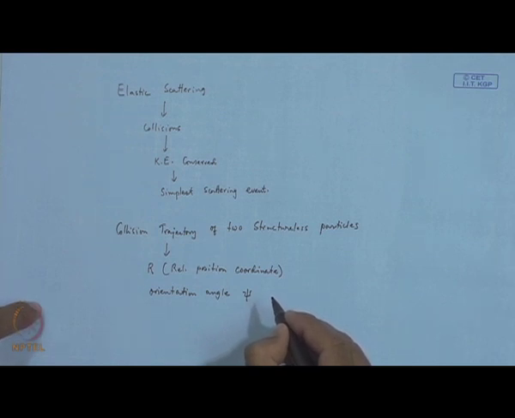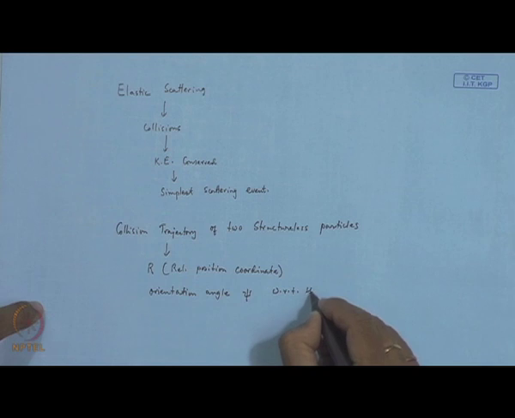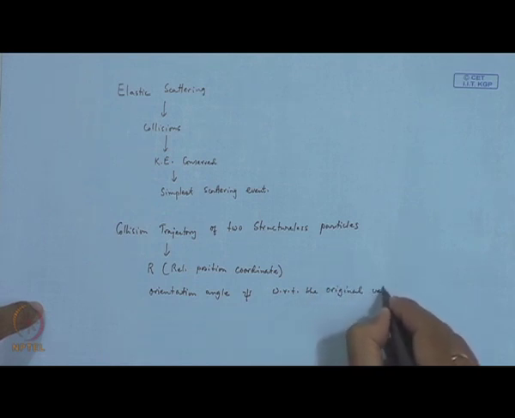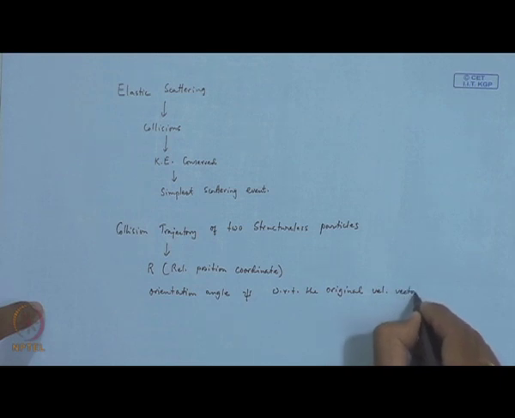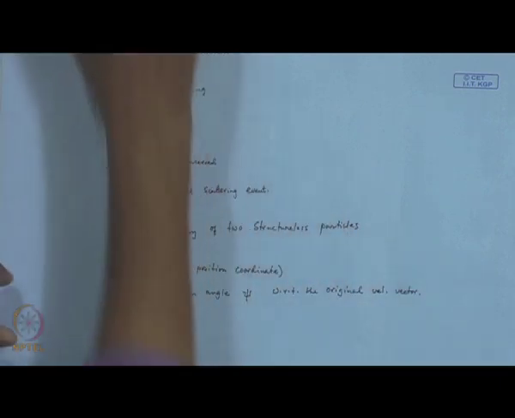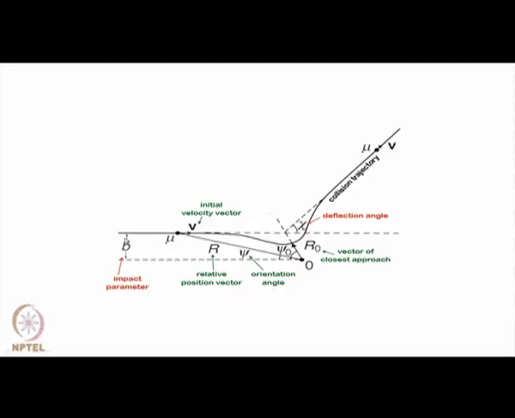That is with respect to the original velocity vector. Okay, so let us see what that is. You see here, this is the impact parameter and this is the trajectory.